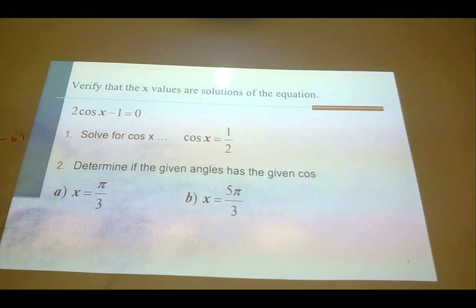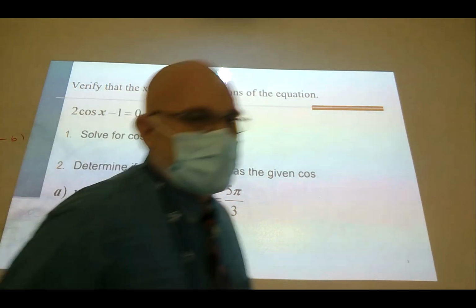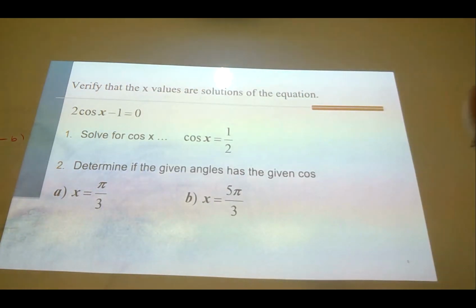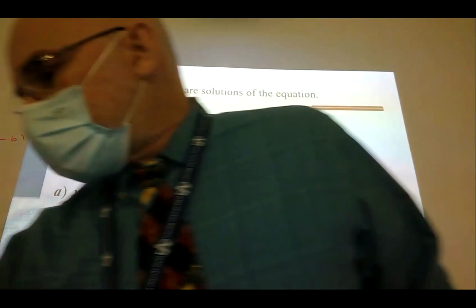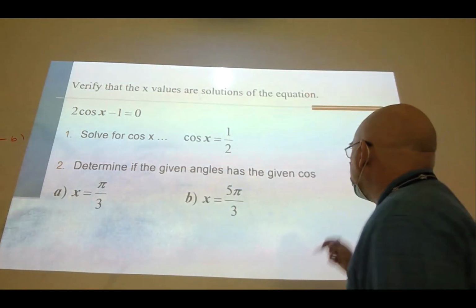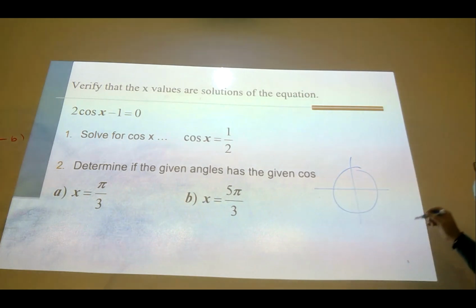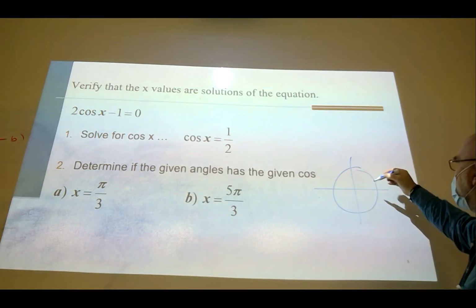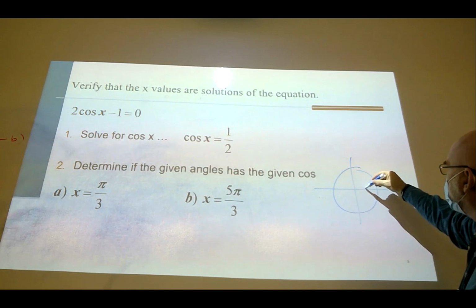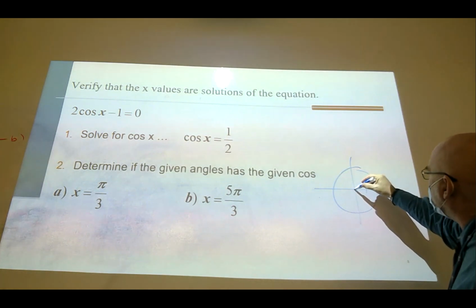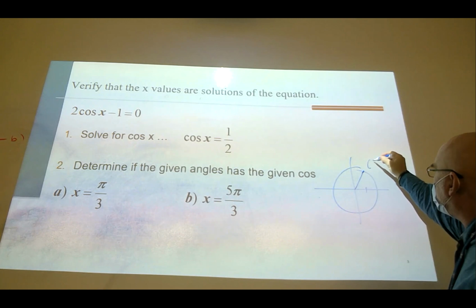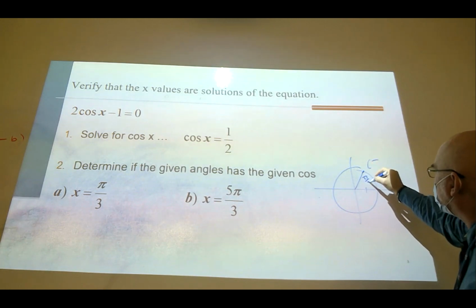On the back of your sheet here, hopefully you have some of this memorized, but if you were to look at your unit circle and say, where is my x value equal to 1/2? Here is x equal to 1/2, up here at pi over 3.